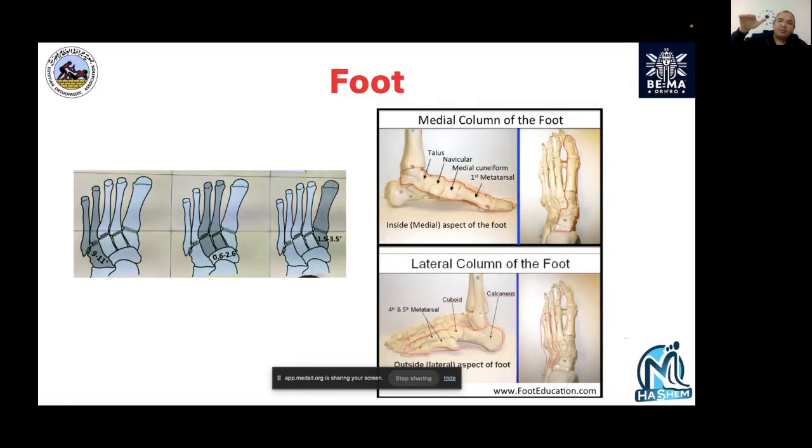So you maintain some sort of arch, but you can still fuse it, because it only has 3-4 degrees of movement. Second and third, you fuse freely because they are nearly fused. Fourth and fifth, no fusion. If you fuse them, even if you do something, you have to hold it temporarily and remove the metalwork later on, because if you fuse them, you will not be able to walk normally.